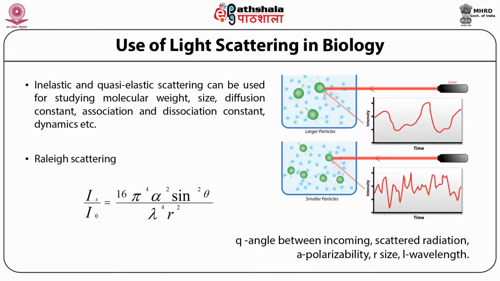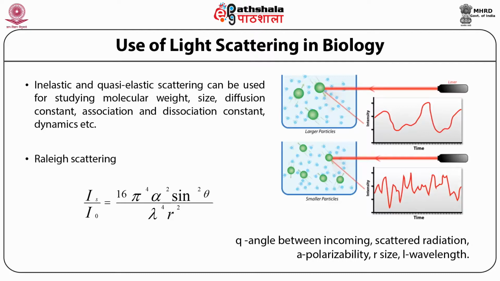We show in this picture on the left hand side the scattering of light through the object suspended in solution. The upper one is a bigger object, the lower one is a smaller object, and the scattering can be measured by an instrument.